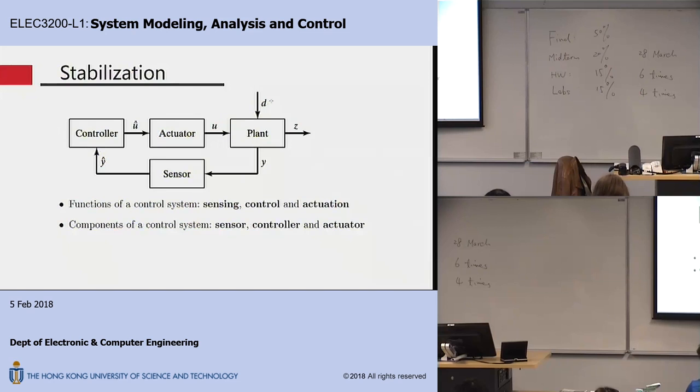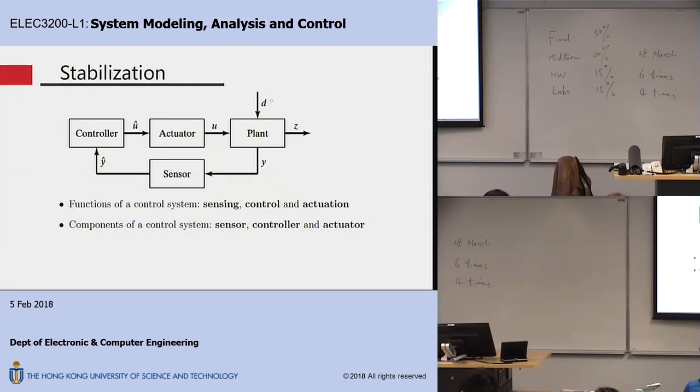The controller needs to have some kind of actuator to manipulate the plant, to influence the plant. So a typical actuator is a motor. Nowadays you have all kinds of motors. You have a linear motor, rotational motor, all of these things.